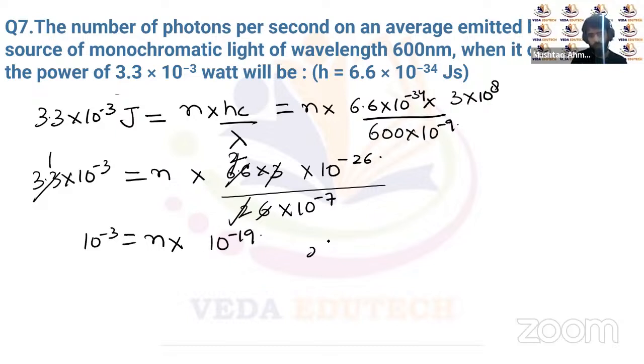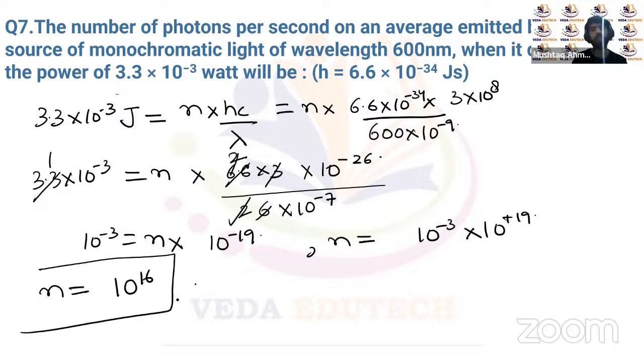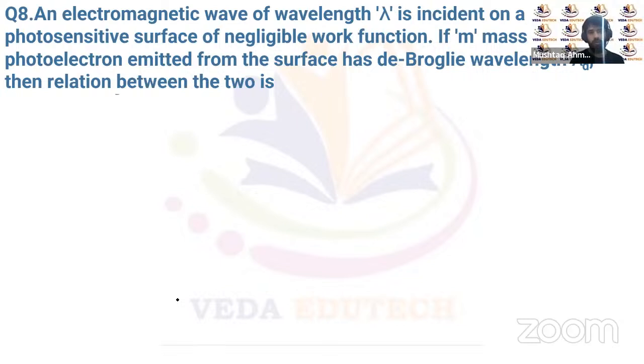So the value of n will be 10 to the power minus 3 into 10 to the power plus 19. So the number of photons emitted per second will be 10 to the power 16. So this many photons will be emitted per second. Moving on to question number 8.